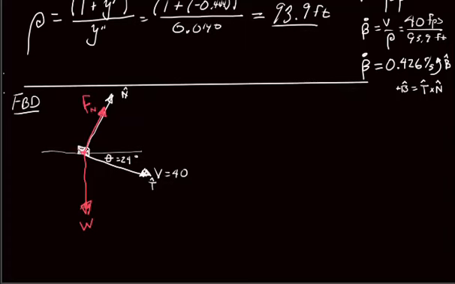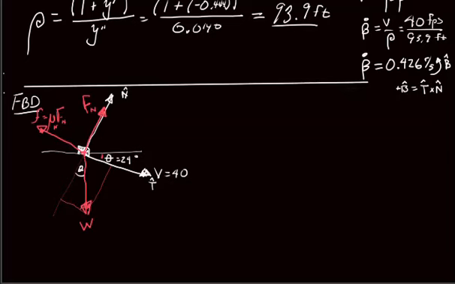And then acting up the hill, opposite direction of motion, is the friction force, which we know would be mu k times Fn. And then working in our reference frame, to break W up into normal and tangential values, if that's theta, then this is also theta here.